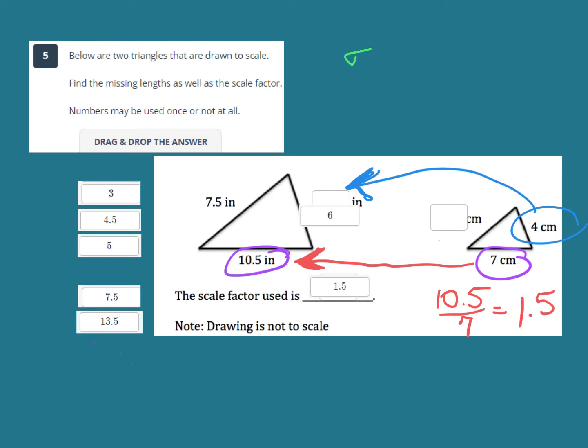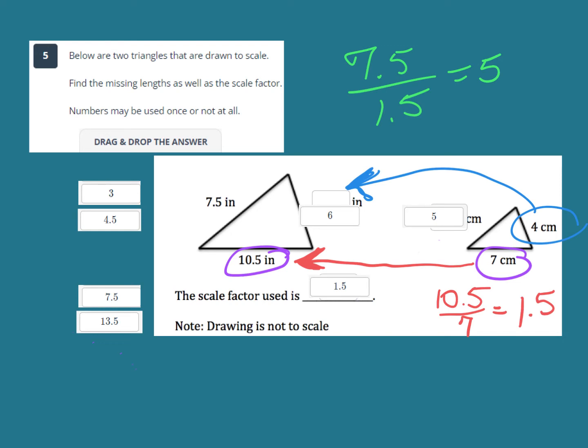So I've got 7.5 divided by 1.5, because I'm going all rogue here as far as the directions go, but like I said, sometimes it happens. My answer is going to be 5. So our last one that I'm going to drag over there is going to be 5. There we go.